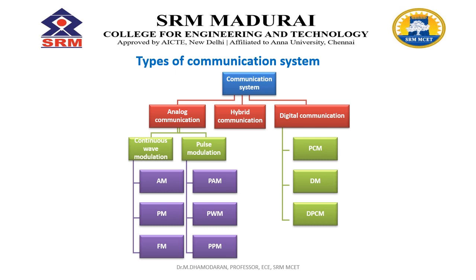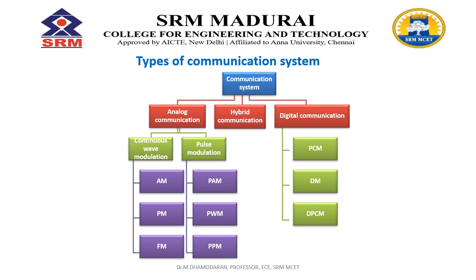In continuous wave modulation, we have AM, PM, and FM. AM means amplitude modulation, PM means phase modulation, and FM means frequency modulation. Similarly, for pulse modulation, we have pulse amplitude modulation, pulse width modulation, and pulse position modulation.